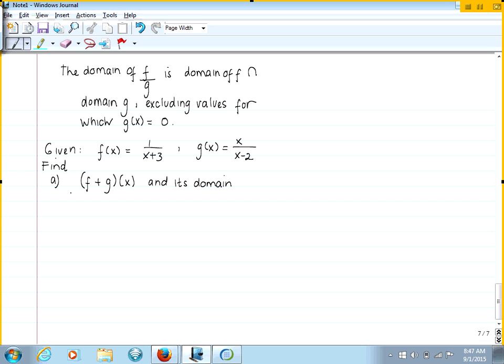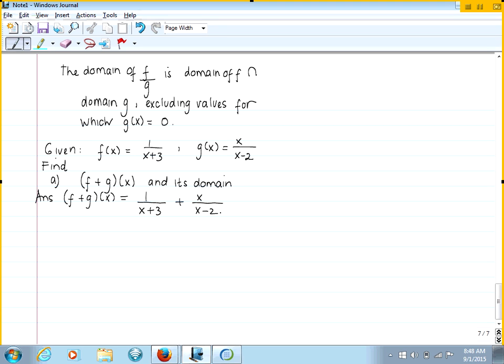Okay, so let's do it really quick. So f plus g of x, so this is your answer. What is it equal to? Well, 1 over x plus 3 plus x over x minus 2.